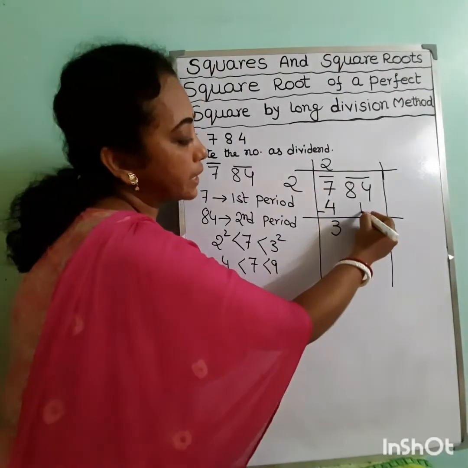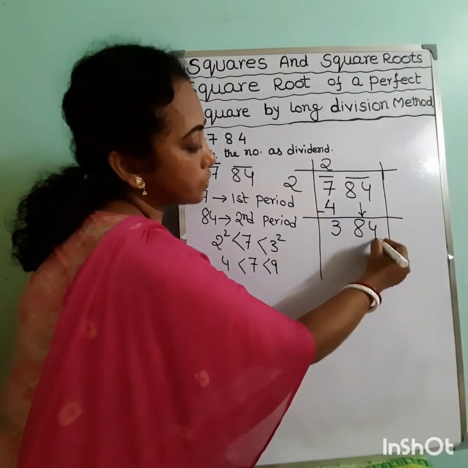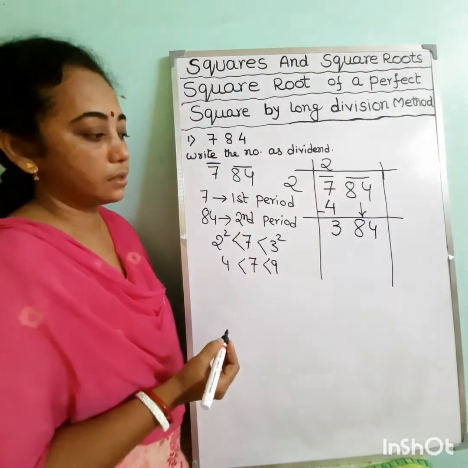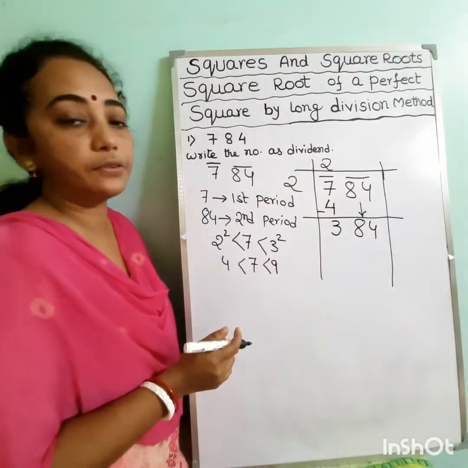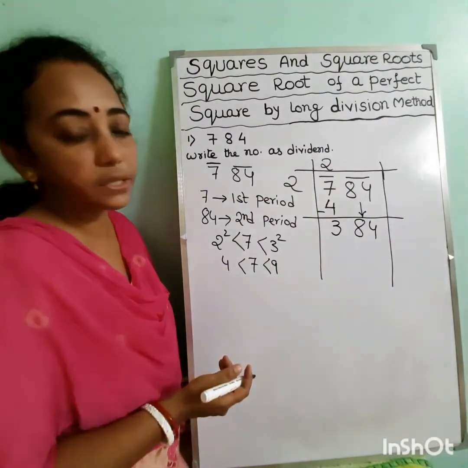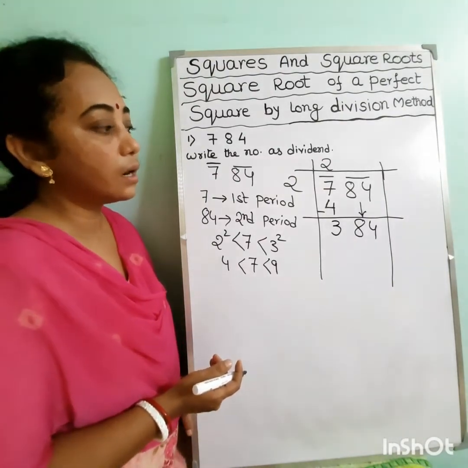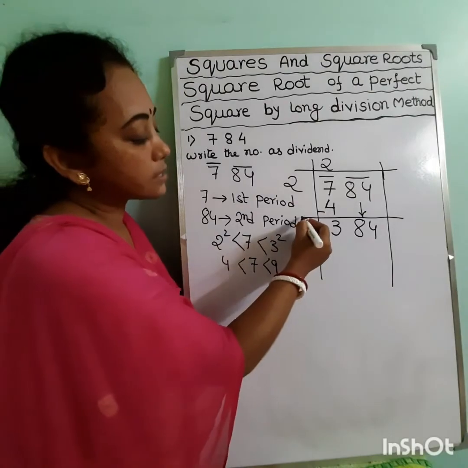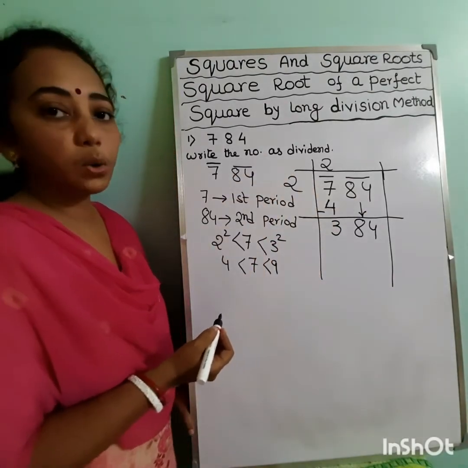After that we bring down the next period, that is 84, and write it next to the remainder. The number we are getting here, that is 384, is taken as the new dividend. Now for the new divisor, we double the quotient first.